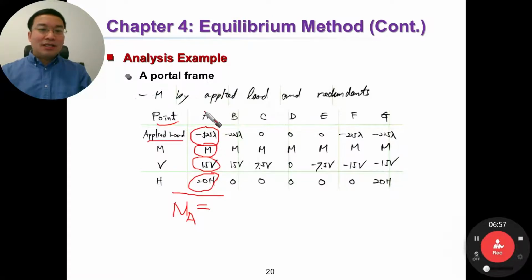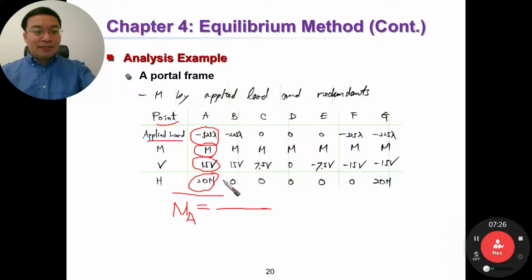Very simple, right? MA equals minus 525 lambda due to applied load, plus M due to M, plus 15V due to V and 28H due to H. And we have an equation. Okay, and so on.